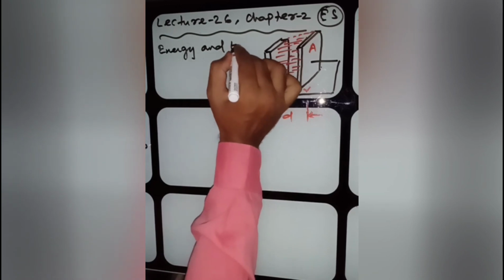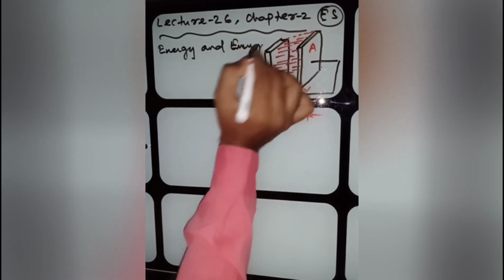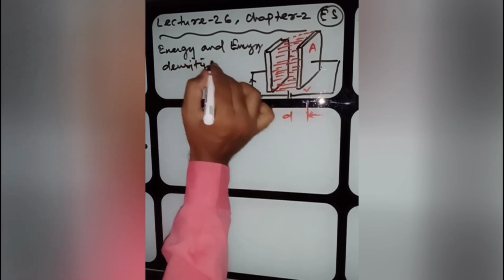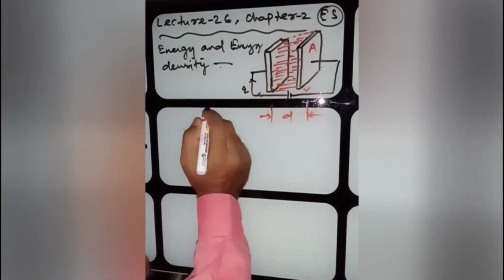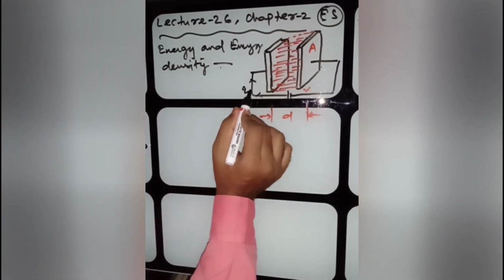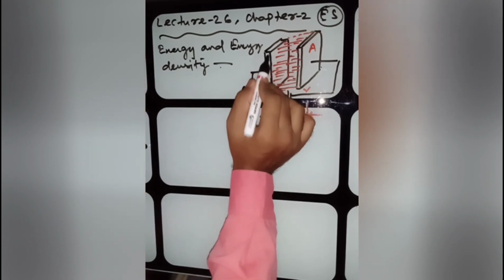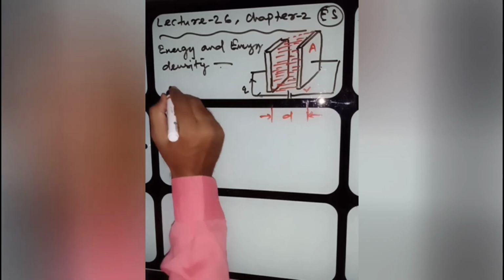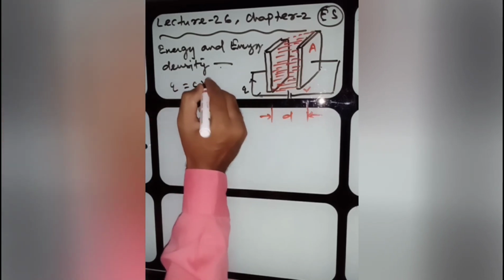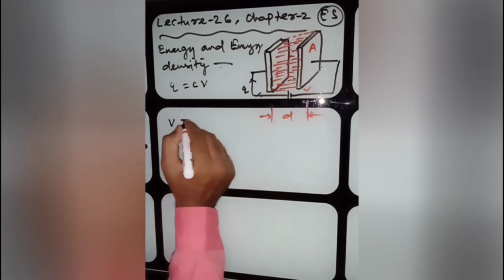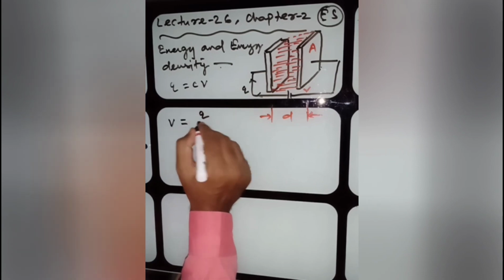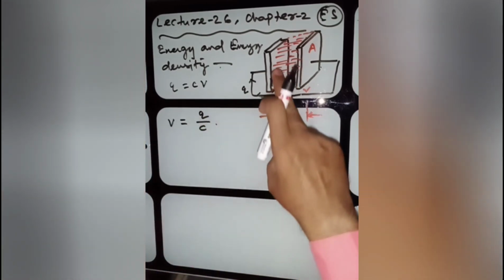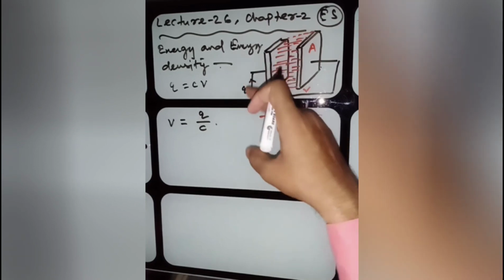So this charge will move to this plate and it will maintain a potential. And what will be that potential? As we know, Q equals CV, so the potential established will be Q by C. This potential has been established on this plate. Now what will happen?